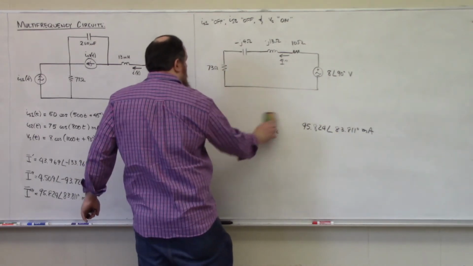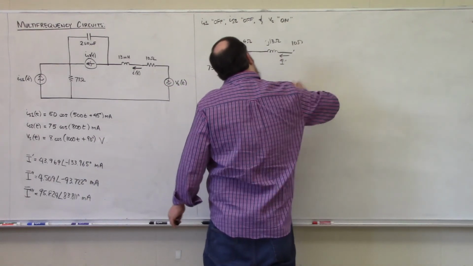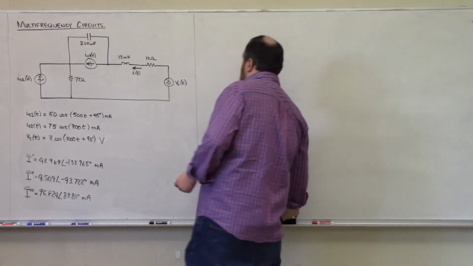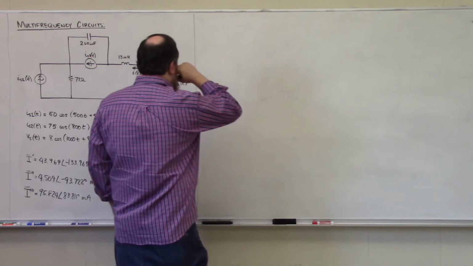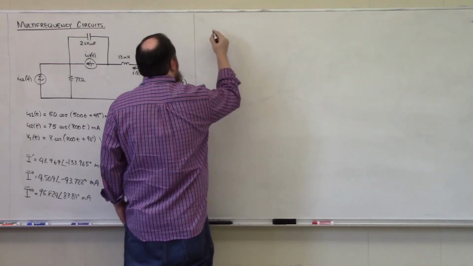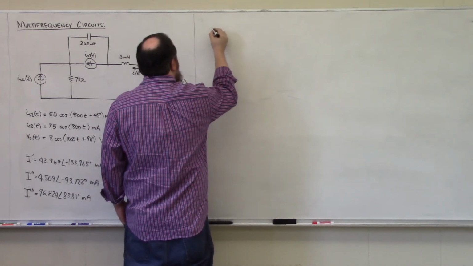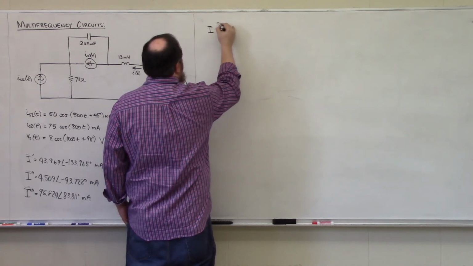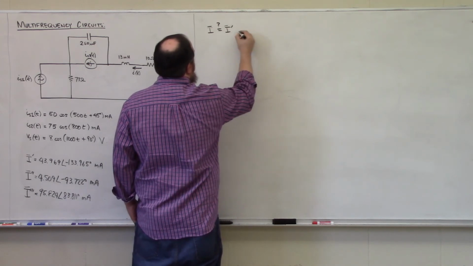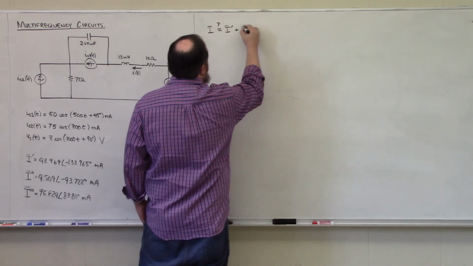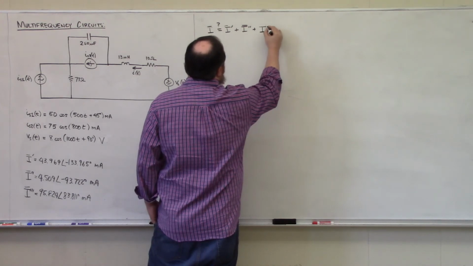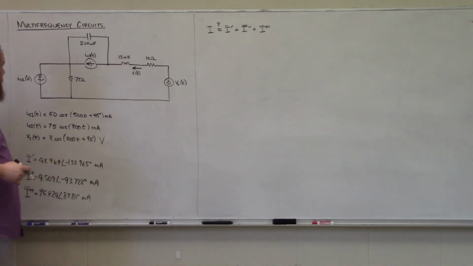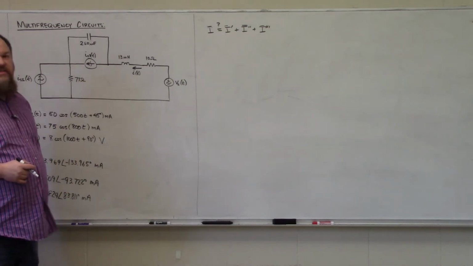And my last step is to add everything together. So my question for you guys is, can I simply add these three phasor currents together and get the correct answer?